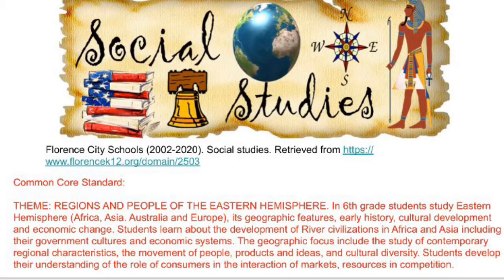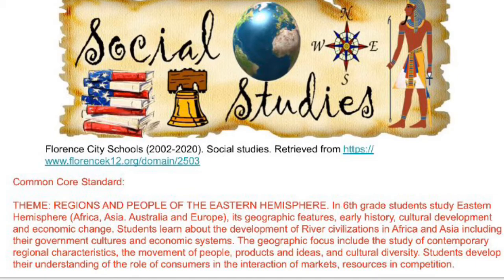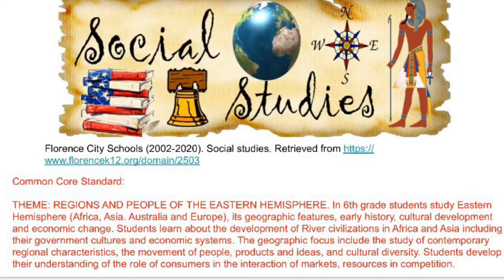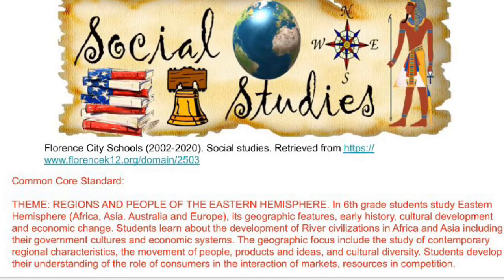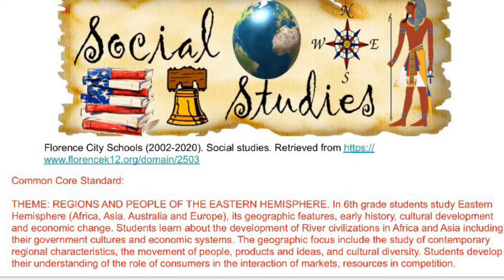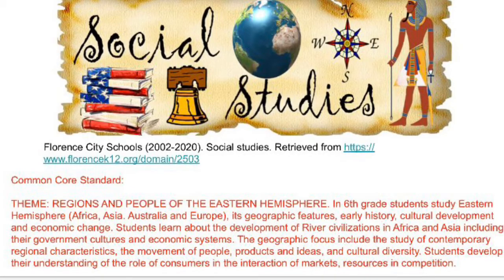Students can learn about the development of river civilizations in Africa and Asia, including their government, cultures, and economic systems. The geographic focus includes the study of contemporary regional characteristics, the movement of people, products and ideas, and cultural diversity.